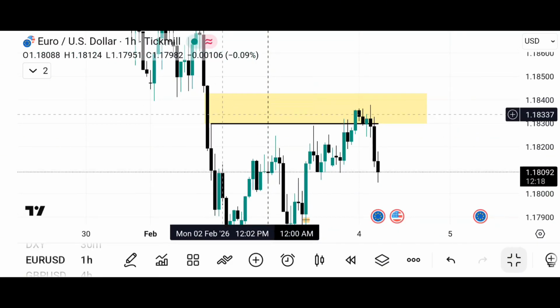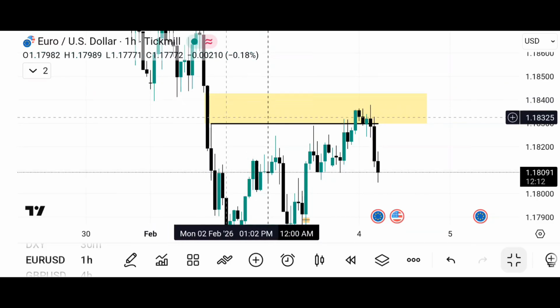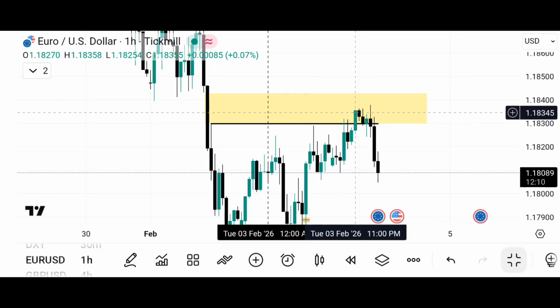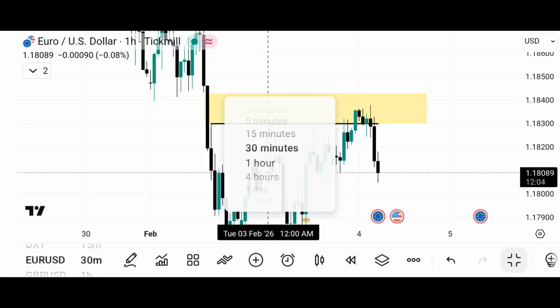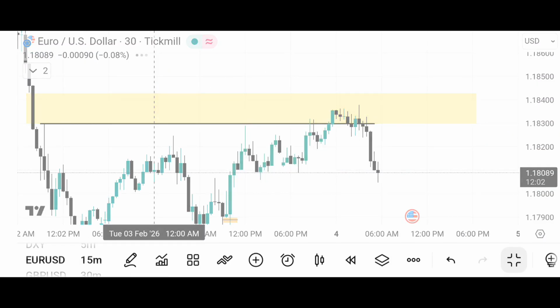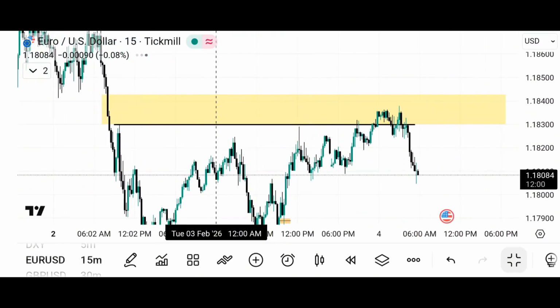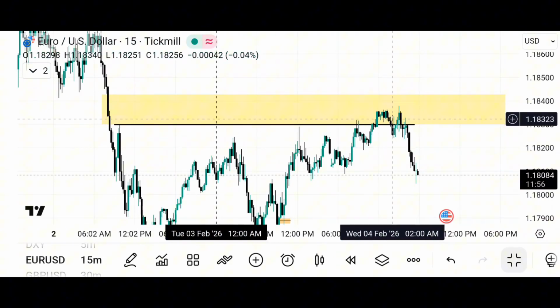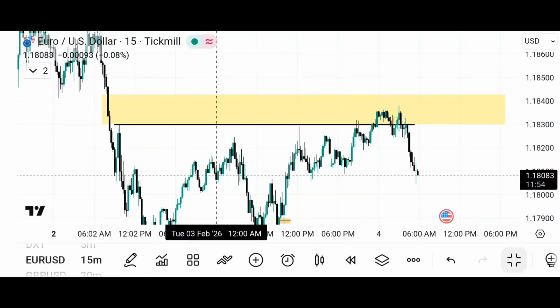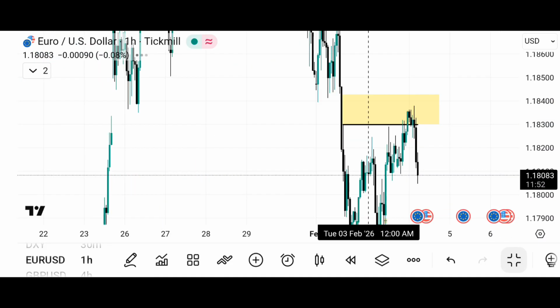This CB right here, sell side imbalance, buy side inefficiency at the 1 hour time frame. And you can see price trading into it after taking out these highs on the 15-minute time frame. So after price took out these highs on the 15-minute time frame, it trades into this inefficiency at the 1 hour time frame.